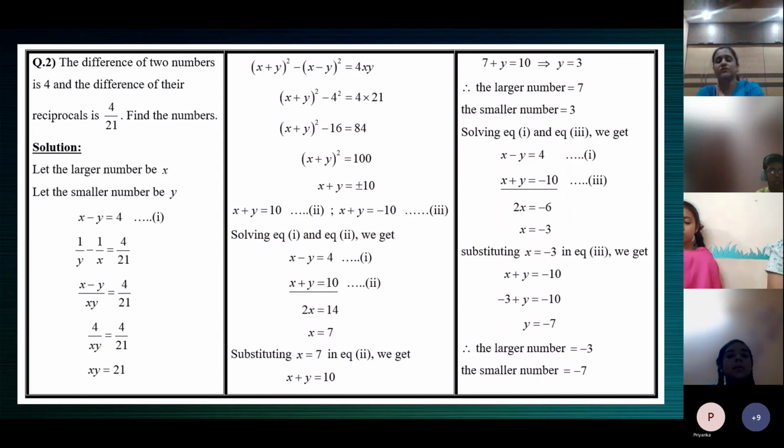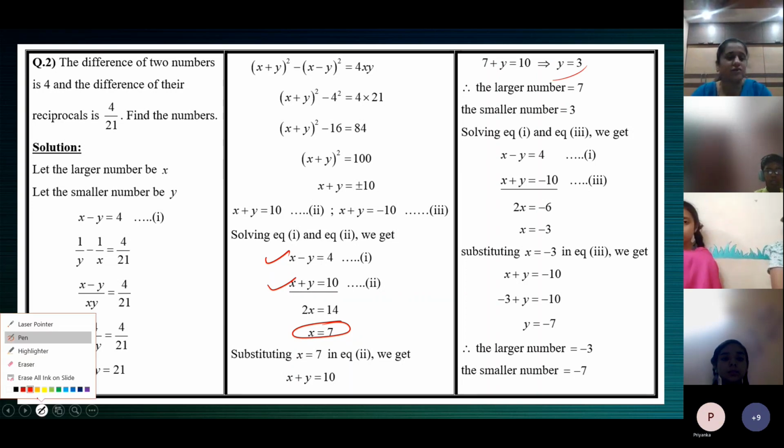I'll wait for you. Do you have any doubts in solving the equations, Priyanka? No, ma'am. You know how to solve equations, right? Find the values of x and substitute in one of the equations to find the value of y. That is fine. Yes, ma'am.